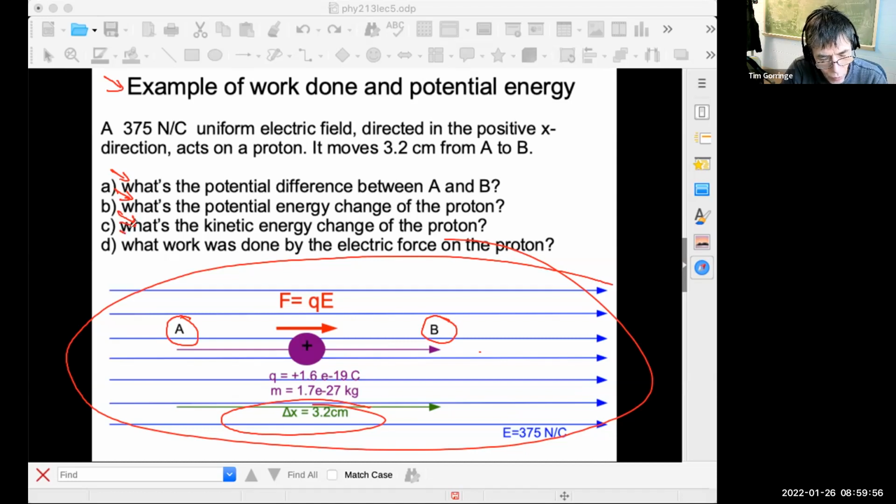And what is the work done by the electric force on the charged proton as it moves from A to B? Now, all these things are related. They're all related to energy perspective, and how energy is being transformed as the proton moves from the left to the right. So let's go ahead and answer these items.